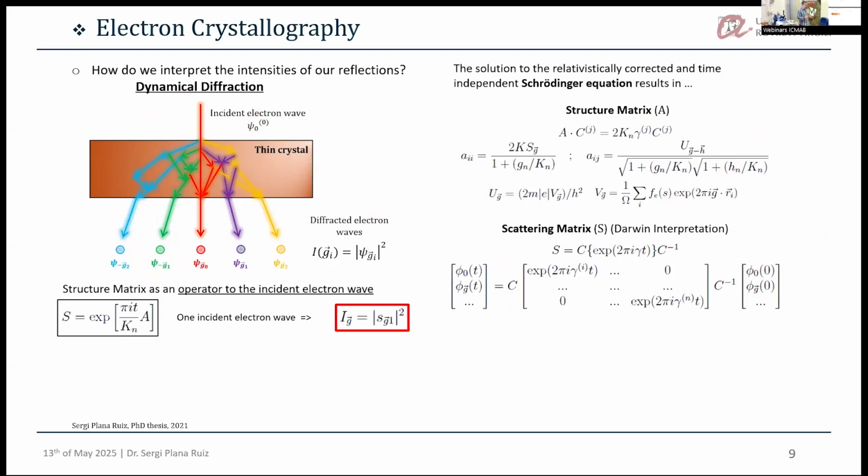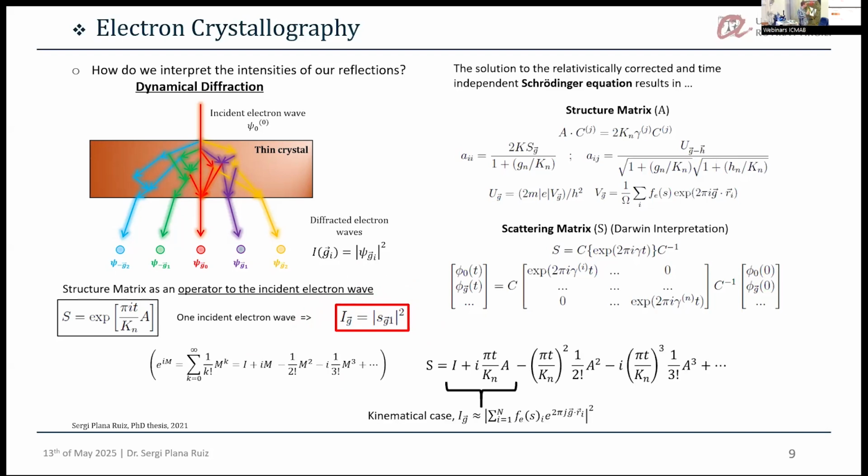So it is how the crystal will modify the electron wave that goes through the crystal, and this will provide you the diffracted electron waves. Also, the scattering matrix can be described as the exponential of the structure matrix. That's how you construct this. And then by taking the first column components, you can extract the intensities of the reflections based on this theory.